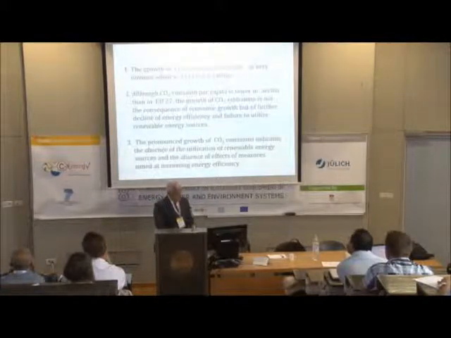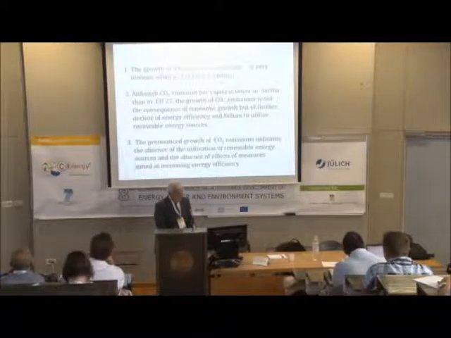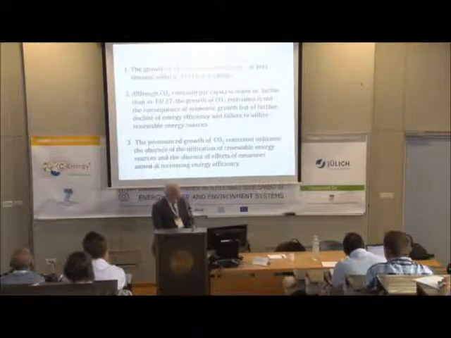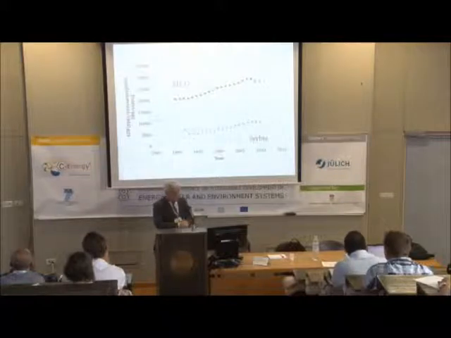The pronounced growth of CO2 emission indicates the absence of the utilization of renewable energy sources and the absence of effects of measures aimed at increasing energy efficiency. That's a conclusion after analysis of such a diagram.